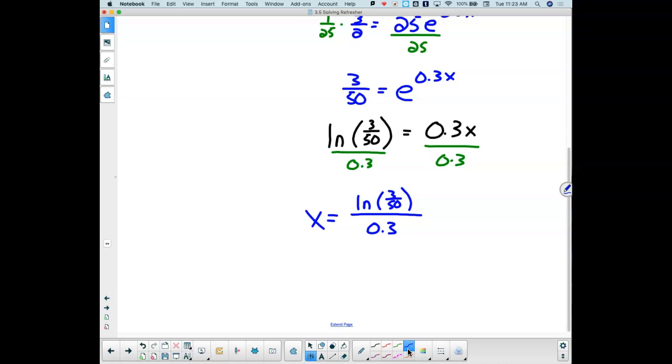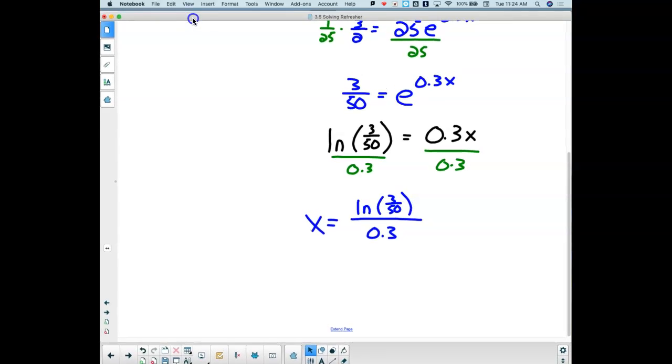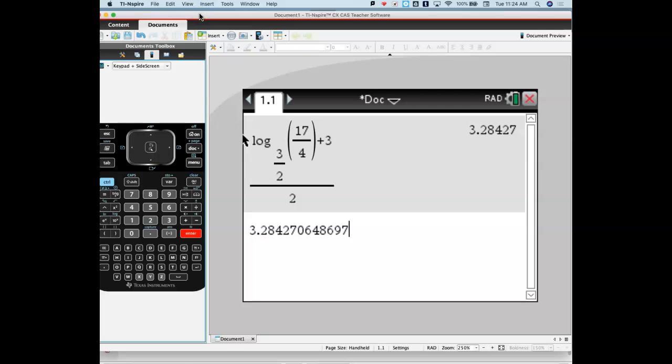Depending on what style of calculator you have is dependent on how you type this in. If you can't see what you're typing in, you would divide 3 by 50, hit equals, then hit natural log, then hit equals, or you might not have to hit equals, then divide by 0.3.